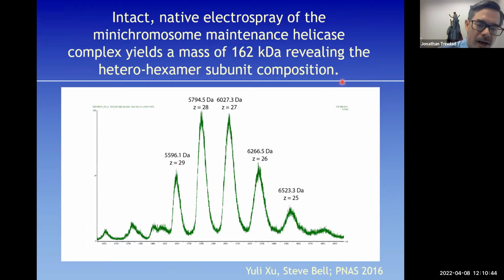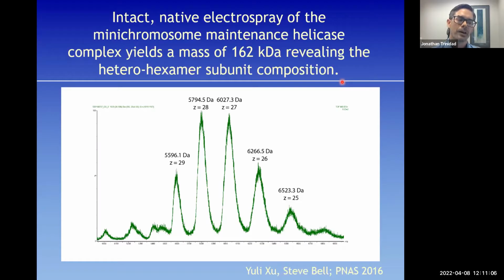Here's something more analytically interesting or challenging to us, which is some results from intact native electrospray. So let's say you have a protein dimer, trimer, multimer, and you want, for whatever reason, to spray it in its native form so that you can see the intact complex.